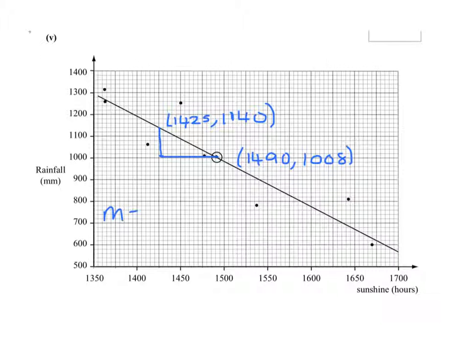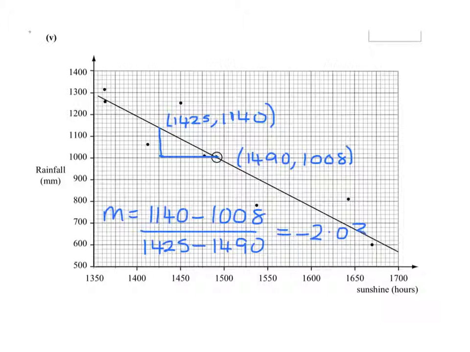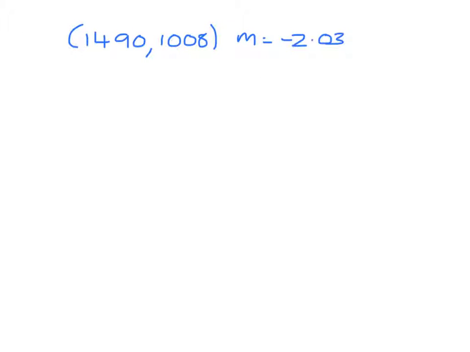So the gradient is the change in y, so that's 1,140 minus 1,008 divided by the change in x, and that's 1,425 minus 1,490, and that gives us negative 2.03. To find the equation of the line of best fit, we're going to use the fact that y equals mx plus c.